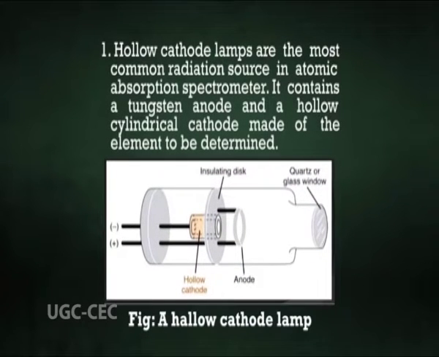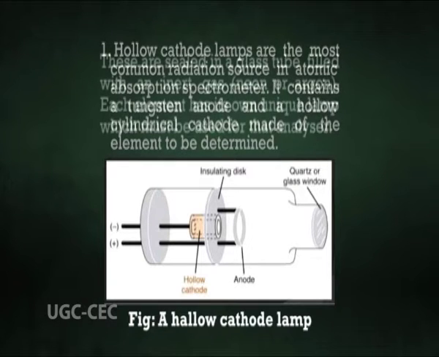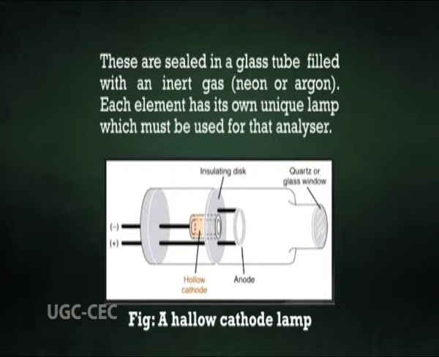Number 1, hollow cathode lamps are the most common radiation source in atomic absorption spectrometer. It contains a tungsten anode and a hollow cylindrical cathode made of the element to be determined. These are sealed in a glass tube filled with an inert gas, that is neon or argon. Each element has its own unique lamp which must be used for that analyte.